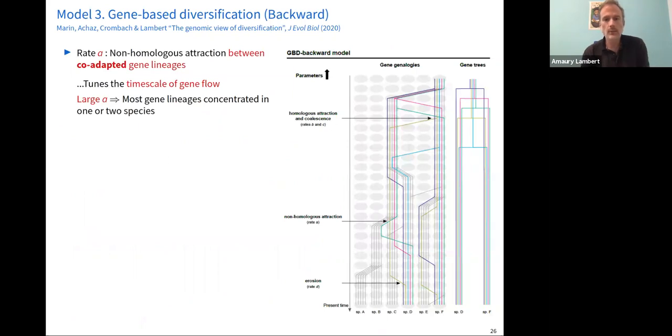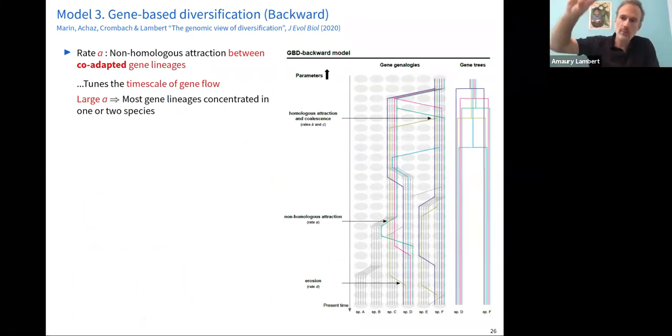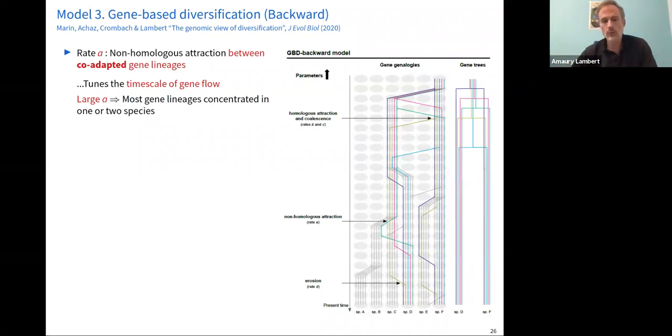So the first thing that happens here, you assume that you sample several genomes at present time on the bottom of the picture, and you trace back in time the history of the gene lineages. They can or cannot be in the same population. So the first thing that can happen is that your genes may change species, okay? It's called non-homologous attraction.